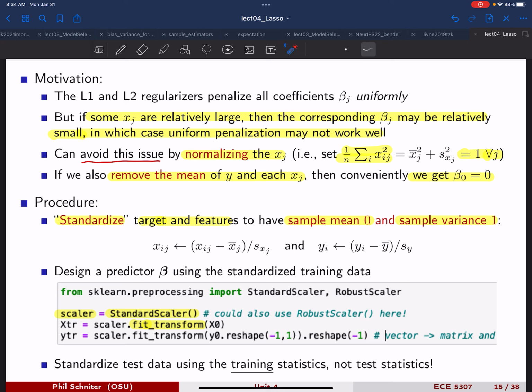Okay. And there's one other important concept, and this especially is important in the project at the end of the term. Sometimes you have your training data, and then you have another test data or validation data fold. You want to make sure that the standardization you apply is exactly the same to both folds. So standardize your test data using the training statistics, not the test statistics.